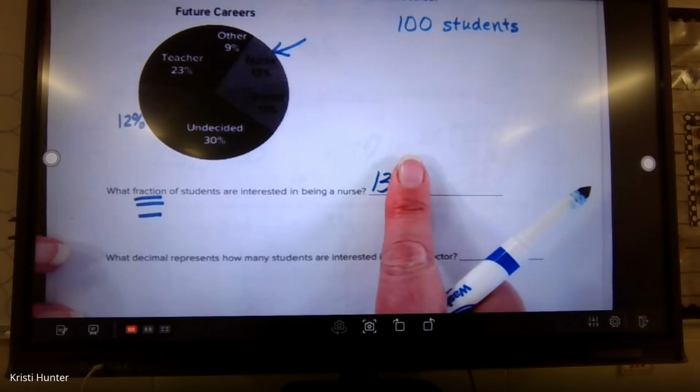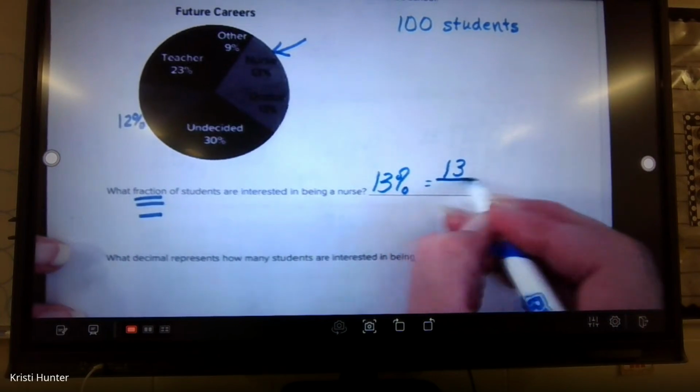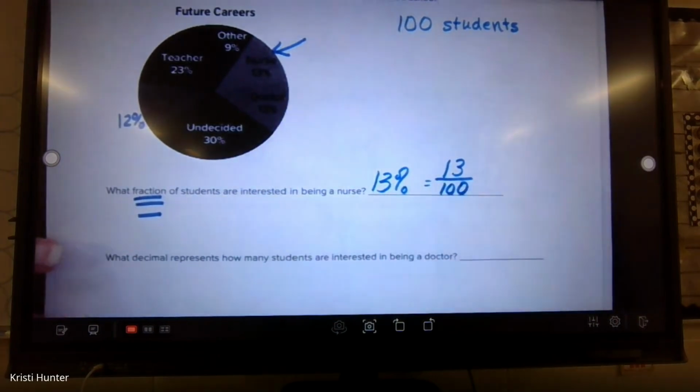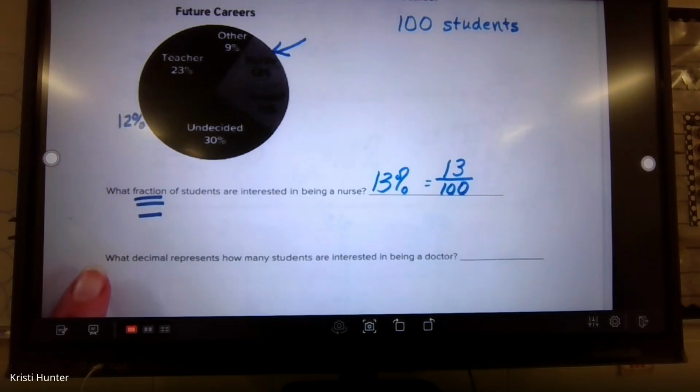Remember, percent means per 100. So when the percent sign disappears, the per 100 would come back on. So 13 hundredths.